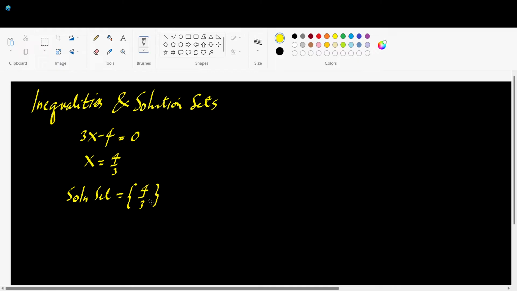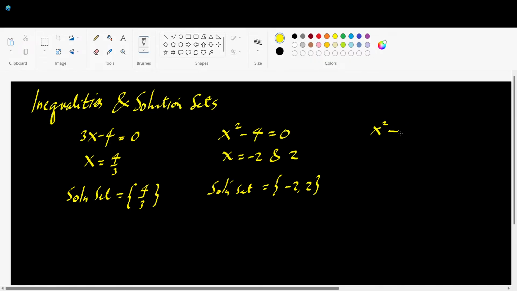If you have an equation x squared minus 4 equal to 0, the possible values for x here are -2 and +2. So we say that the solution set for the given equation will contain the numbers -2 and 2. For x squared plus 1 equal to 0, if x is a real number, there will be no real solution for x squared plus 1 equal to 0.